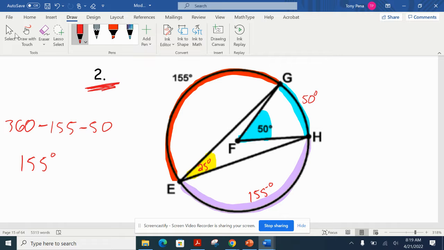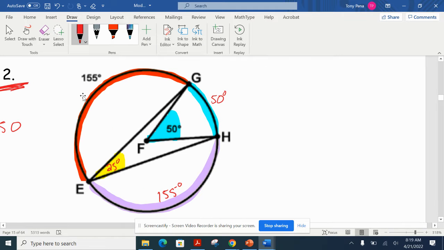Now that we have those, we can answer these questions. You're going to do it on your paper below. I want to leave this nice and blown up so there's a nice visual there. All right, so on yours, the first question, letter A, asks you to find the measure of arc EH. So again, remember, we're revisiting some things we haven't talked about since we started all of this: if there are only two letters, that is your minor arc.